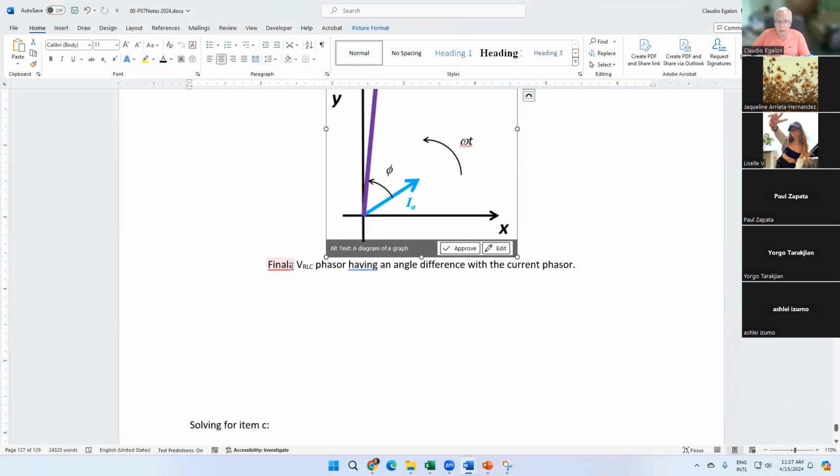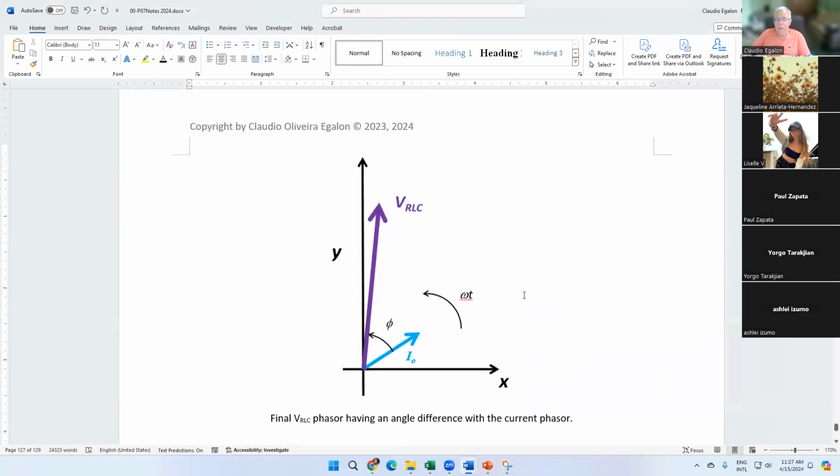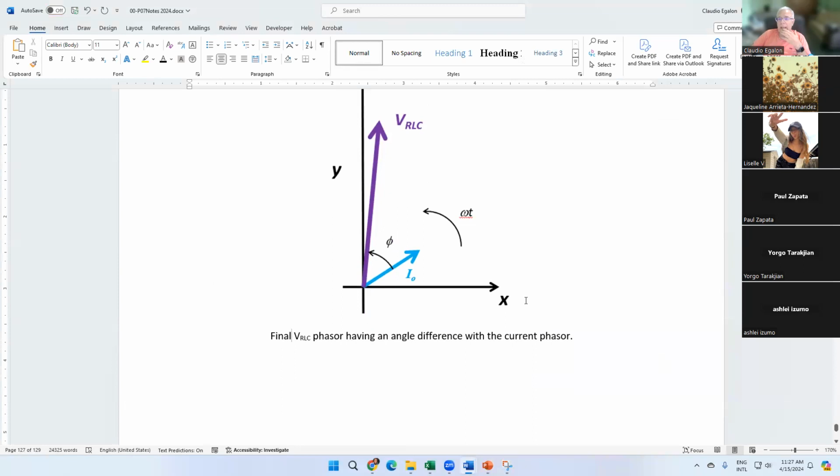The final VRLC phasor having an angle difference with the current phasor. So in this case, we are getting a phasor voltage that leads the current. That's what we are getting. Consequently, the current must lag the voltage phasor in the phasor diagram.